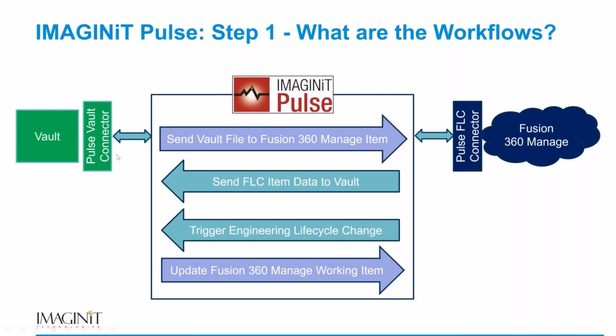So, sending a Vault file from where it lives in the engineering document management system of Vault, sending it up to the PLM system, Fusion 360 Manage in the cloud. Sending Fusion 360 item data back to Vault files that are attached to it, triggering engineering lifecycle changes, updating the Fusion 360 Manage working item as things change inside of Vault. These are all workflows that just need to be described, and then we can make them happen with Pulse.